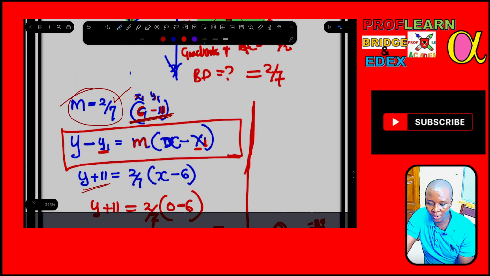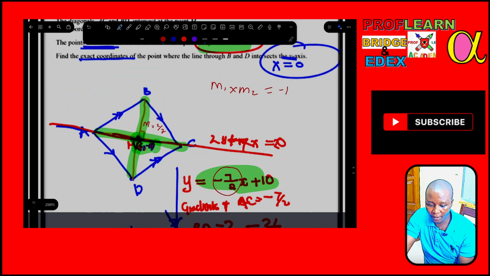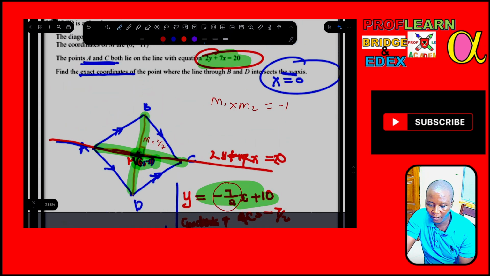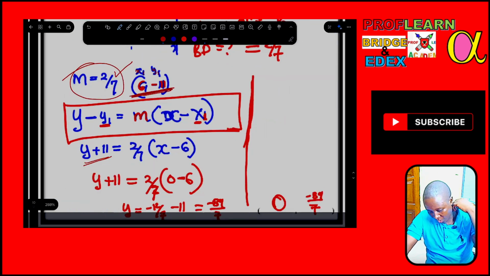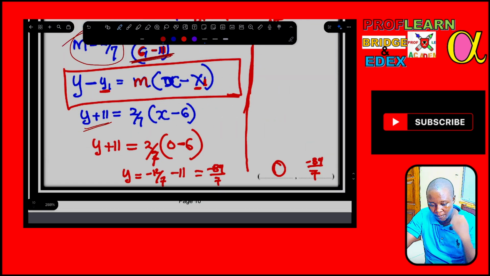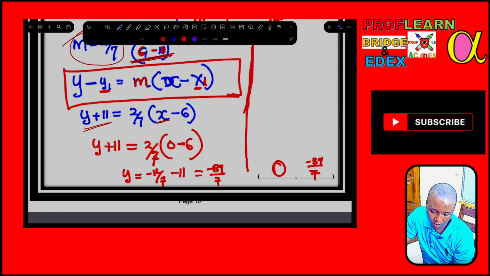But we were asked where the line BD intersects the y-axis. At the y-axis, we know x is always equal to 0. So anywhere you have x in this equation, you put zero. That's why I substituted, because in this question we are not finding the equation of the line.